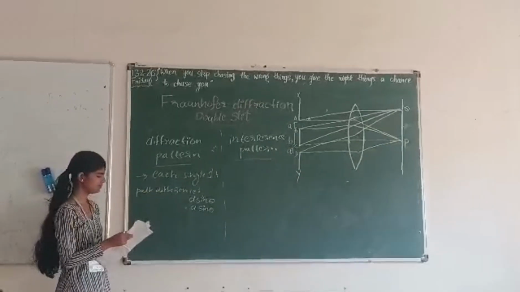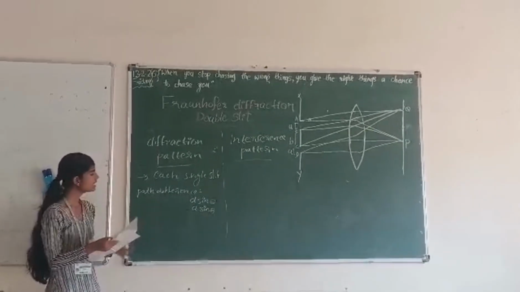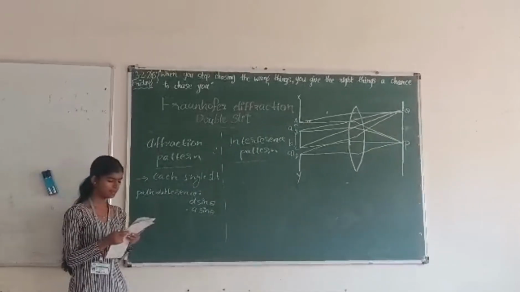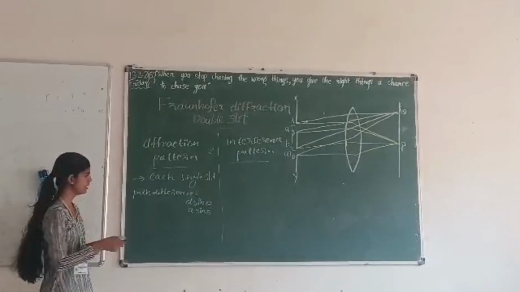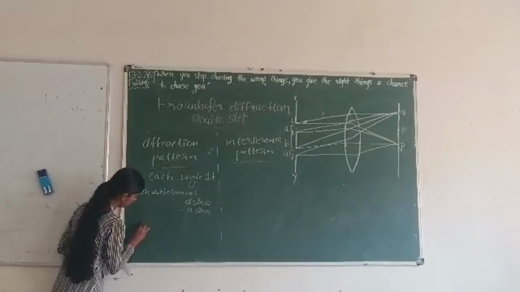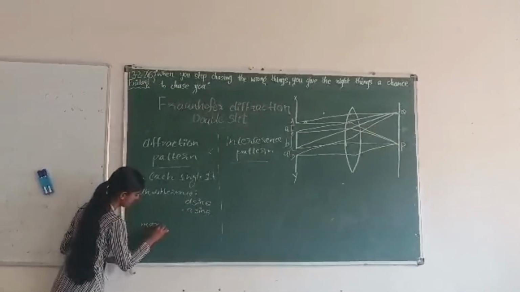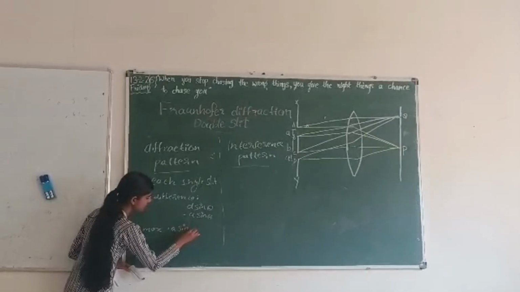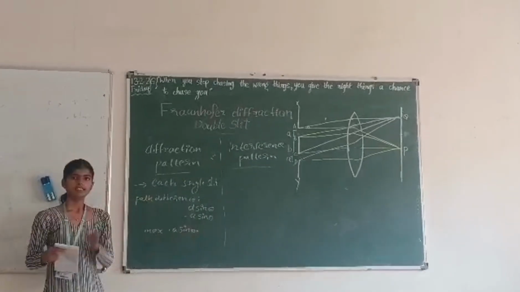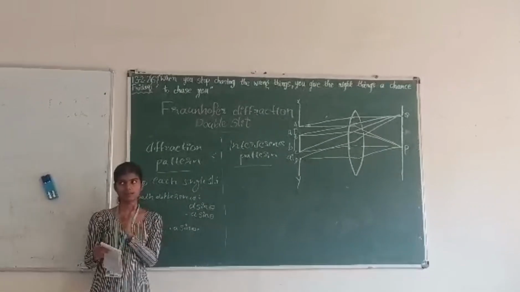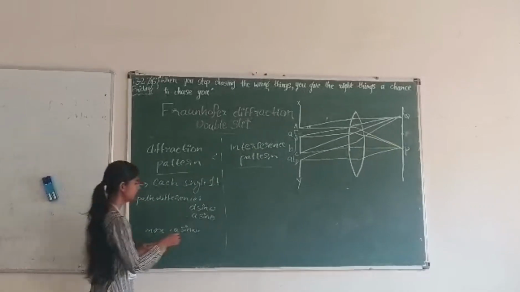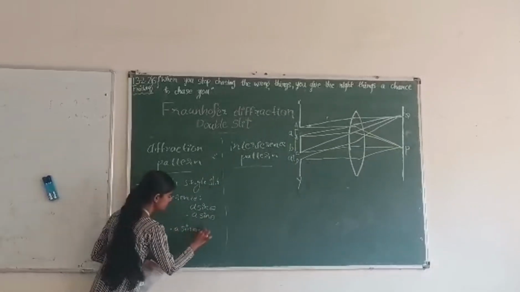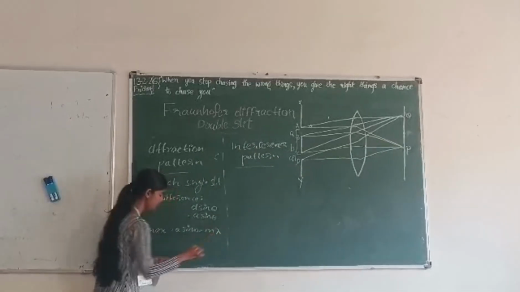And the condition for maximum is a sin theta equal to an integral multiple of wavelength lambda. We can take it as m lambda.